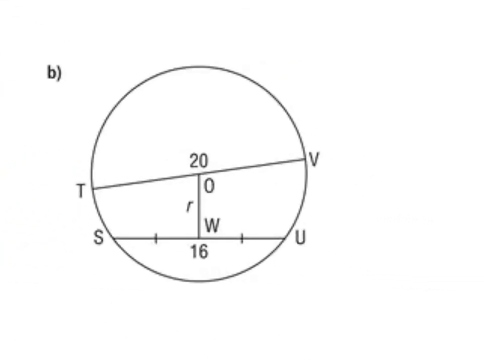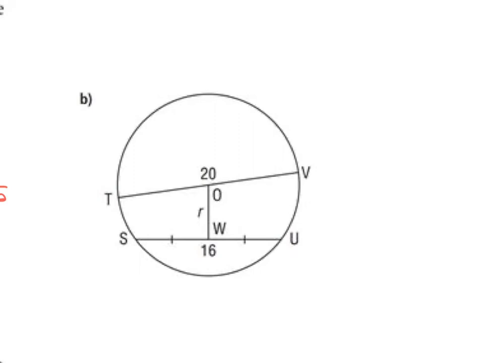For this example here, for B, they've given us a diameter. So diameter from T to V, which is 20. So the radius is half of that. The radius is T to O, 10. Perfect. We are trying to find the length of R, which is this guy here. So we're trying to find the length of the perpendicular bisector.